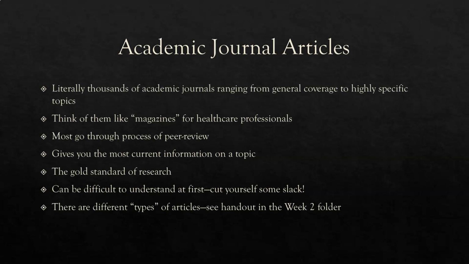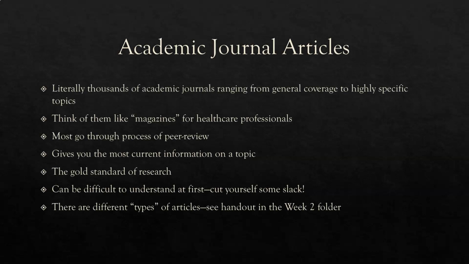Some of them just deal with health in a very general or broad sense, but some of them are very, very specific. So you might, for example, have an academic journal that only focuses, say, on chemotherapy, or you might have an academic journal that focuses only on kidney disease. So they range, they're all over the place.